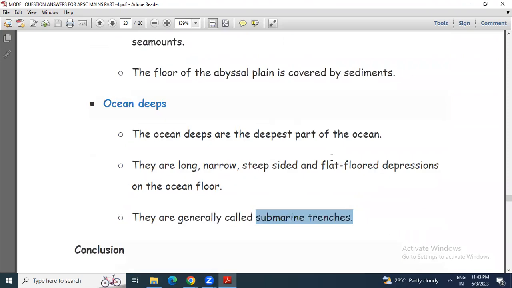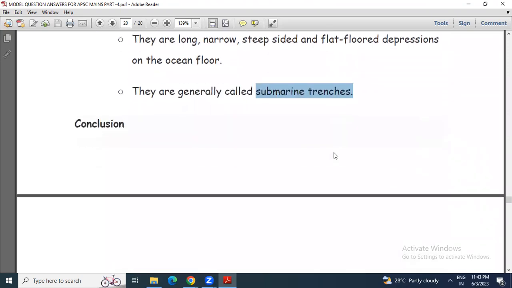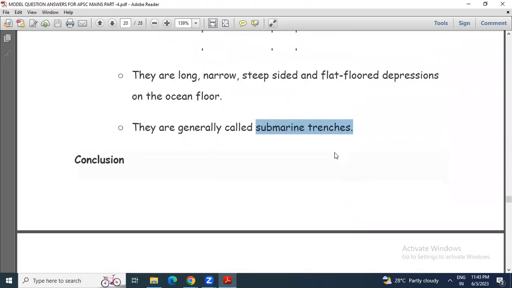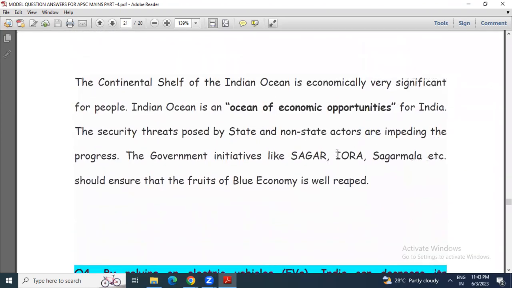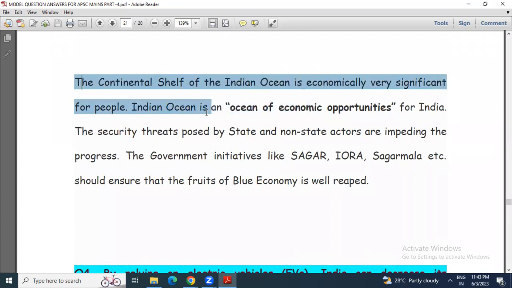So we have seen these different landforms that exist on the oceanic floor. So let's come to the conclusion. The continental shelf of the Indian Ocean is economically very significant for the people, because the Indian Ocean is an ocean of economic opportunities for India. As we can see, there is a large economic potential over this continental shelf of the Indian Ocean.